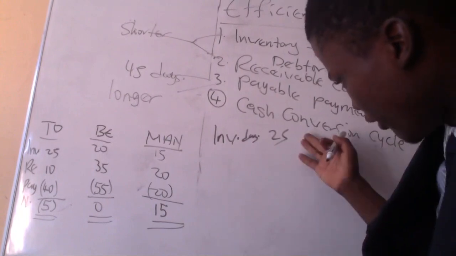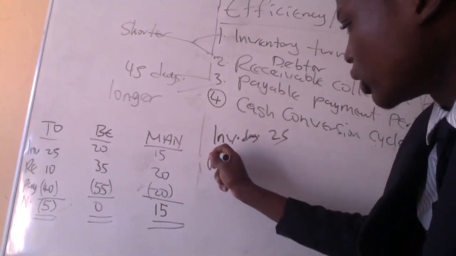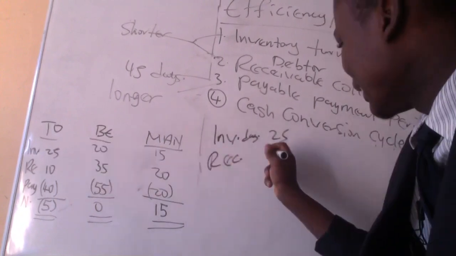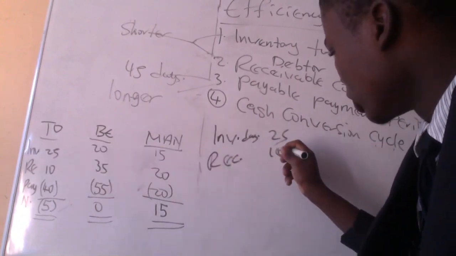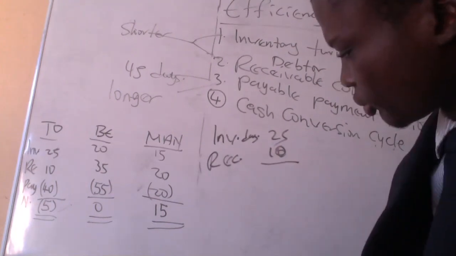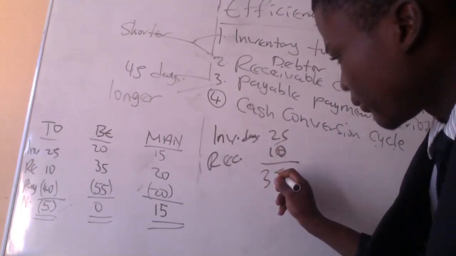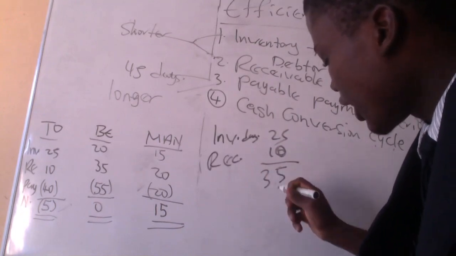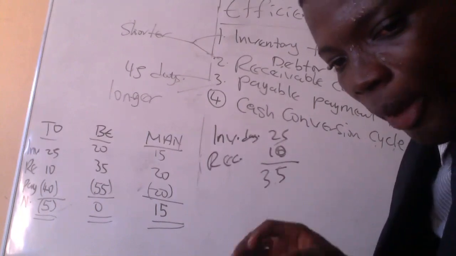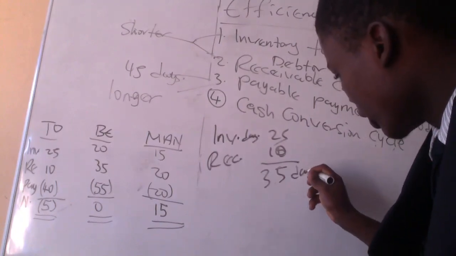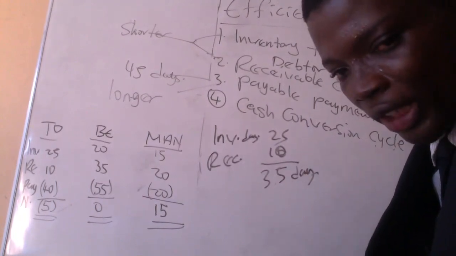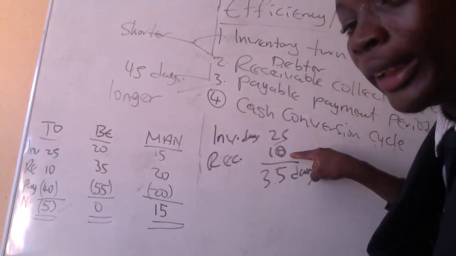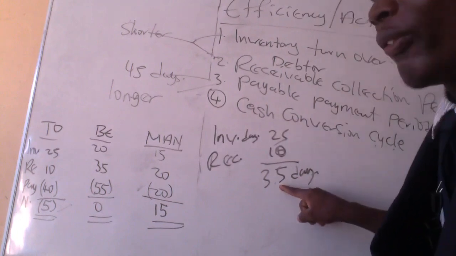Okay, 25 days. And after that, for his customers, the receivable, 2 will take another 10 days, right? Another 10 days. So in all, it will be what? 35 days. So it means that it will take 35 days before 2 can receive the money. So 25 days to sell, 10 days to chase the customer for the money, in all taking him 35 days.